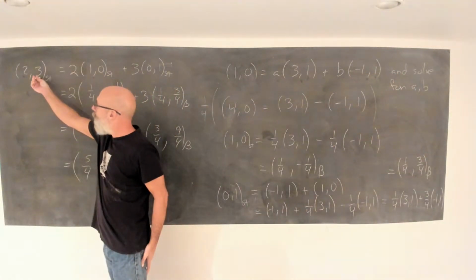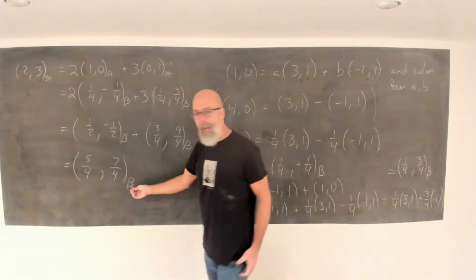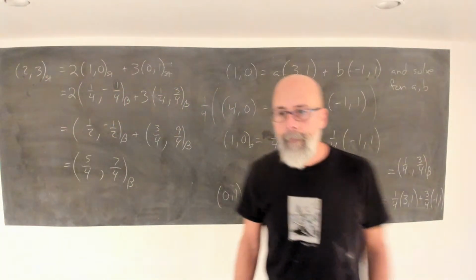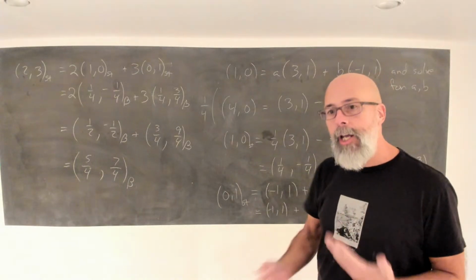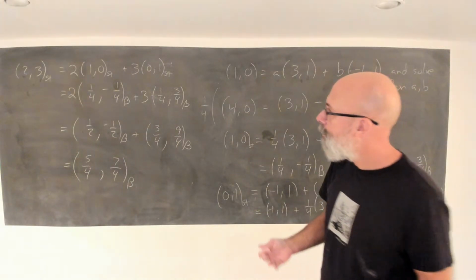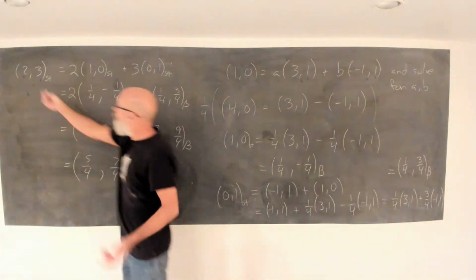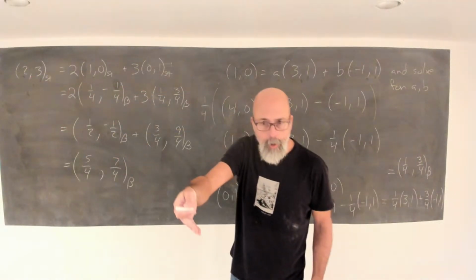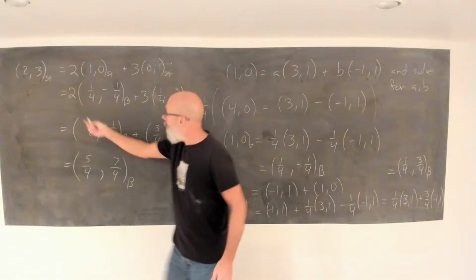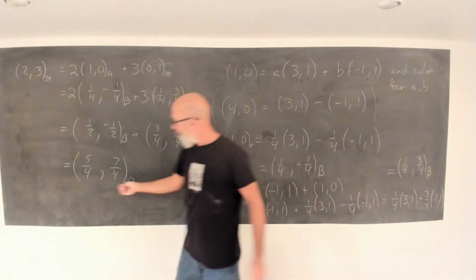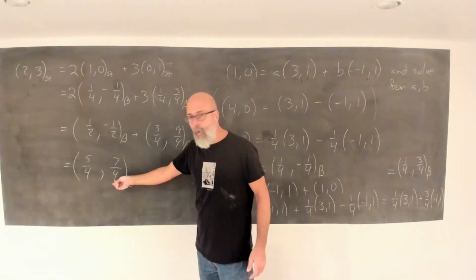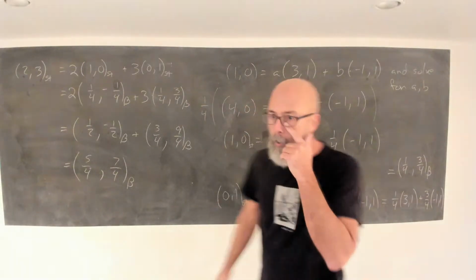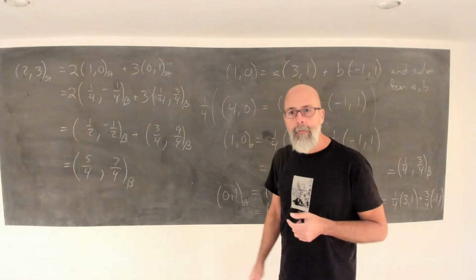We're taking an element in the standard basis and we're rewriting it in the basis B. We're changing the basis. This vector (2, 3) that you're familiar with is equal to the vector (5/4, 7/4) in the basis B.